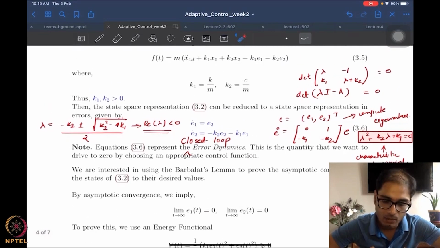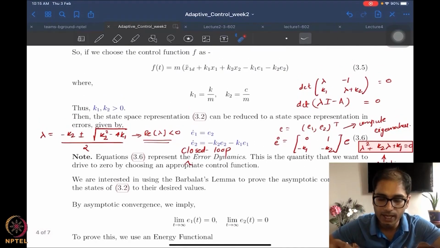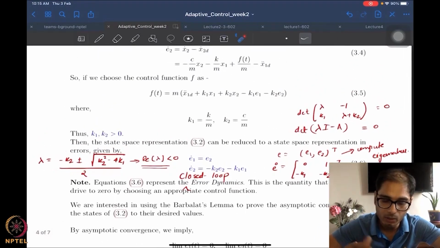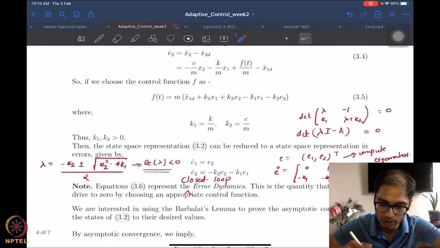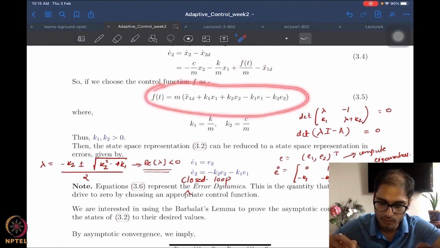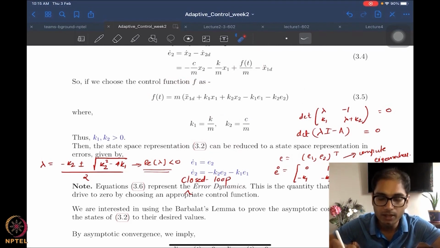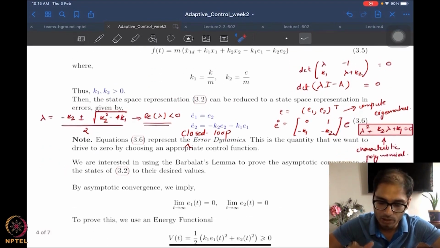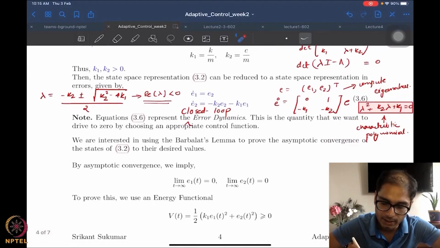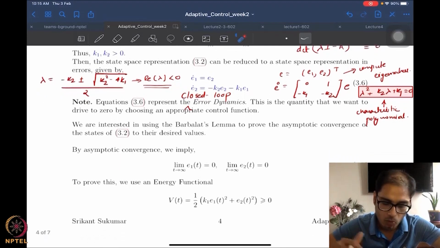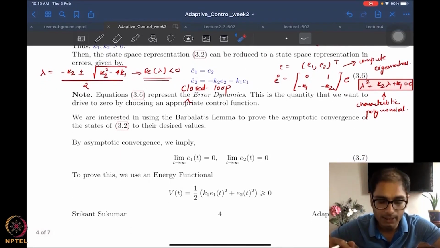Yeah, and once we understand that this is in fact exponentially stable, we want this original system to follow this target system. In order to do that, we compute a control law f of m of this form. Yeah, and given this 3.5, that is, if this 3.5 gets plugged here, you are going to get this target system 3.6. All right. So this is where we were last time.